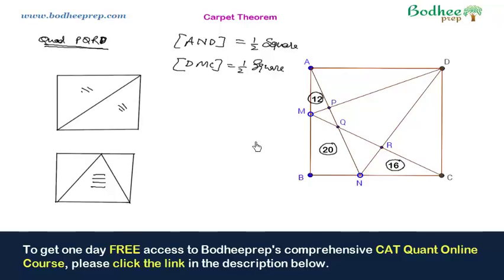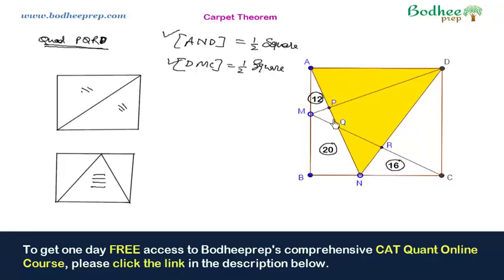Fine. Now suppose these triangles are the size of carpet and you want to fit them into the square, and you have fit them in like this. So I can say from the logic that this portion plus this portion plus this portion, combined, will be half the area of the square, right?